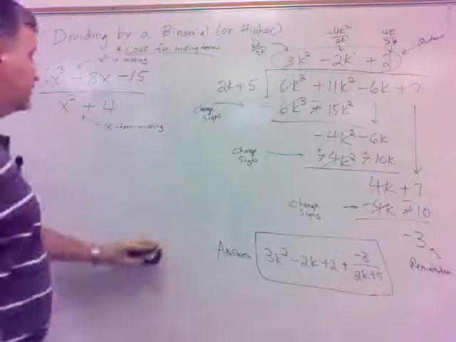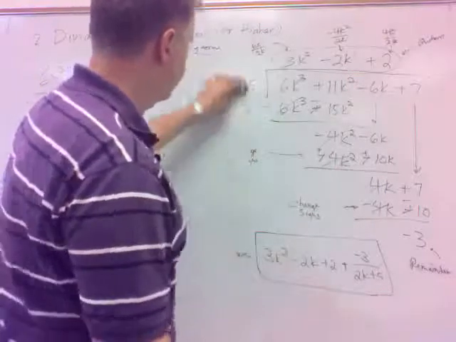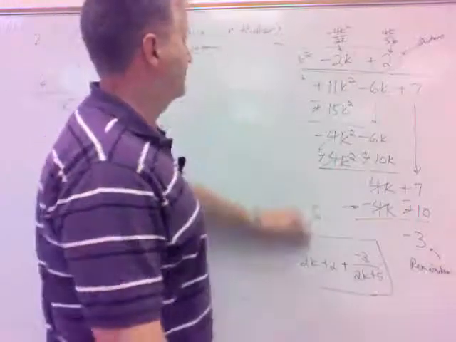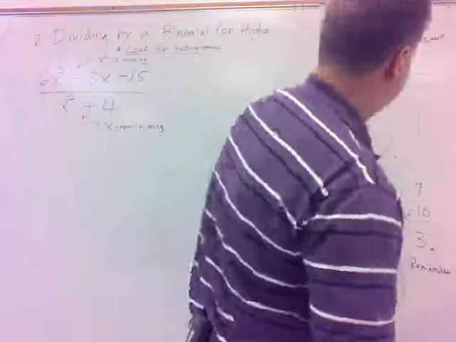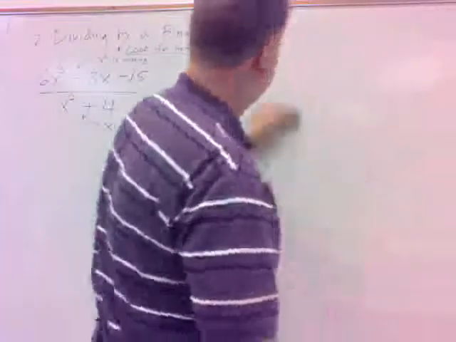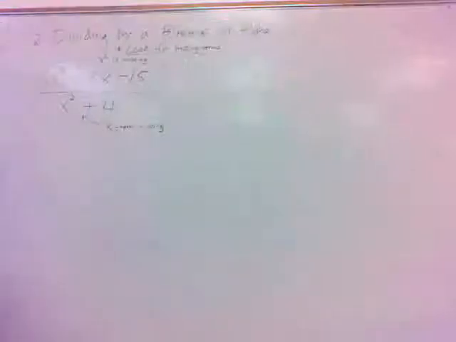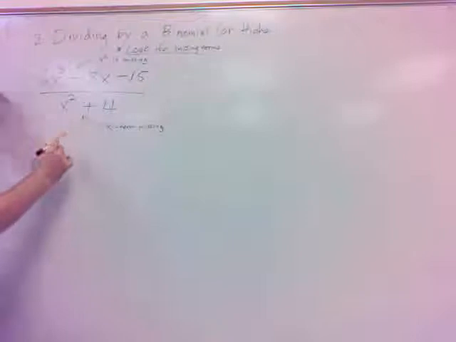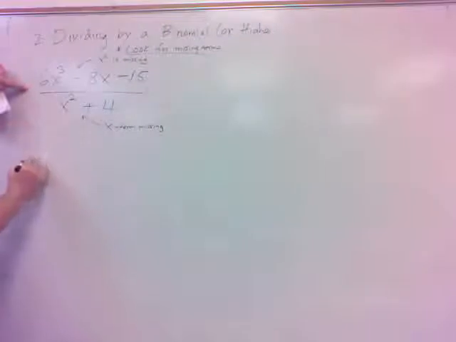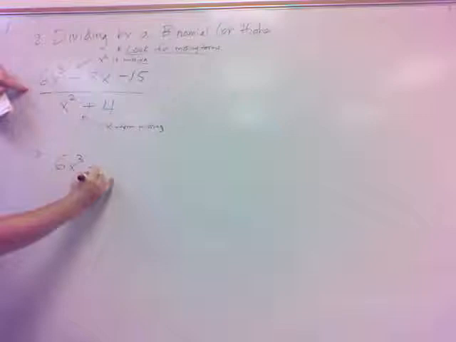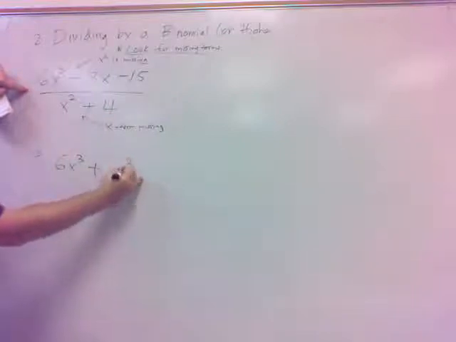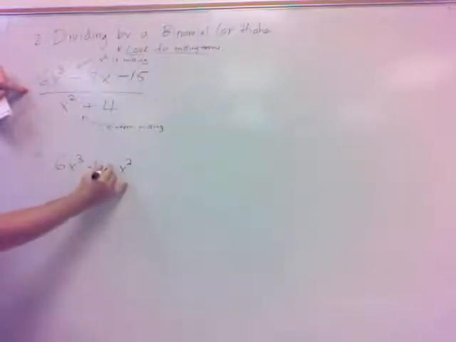So what I'm going to do in cases such as that, better save this all for my work, is rewrite this problem and say it's 6x cubed plus, I'm going to fill in the x squared term, but I can't just say x squared because that would make it a little different, but I could say 0x squared, couldn't I?